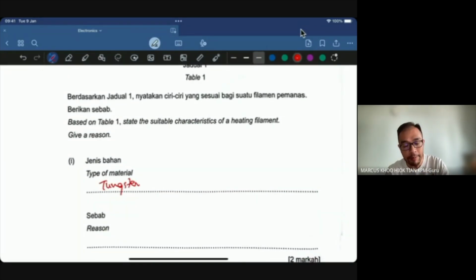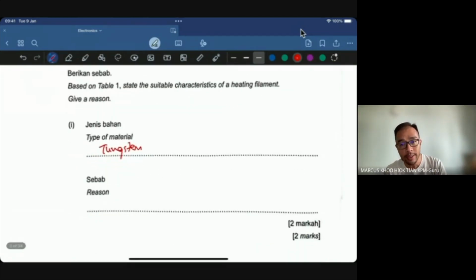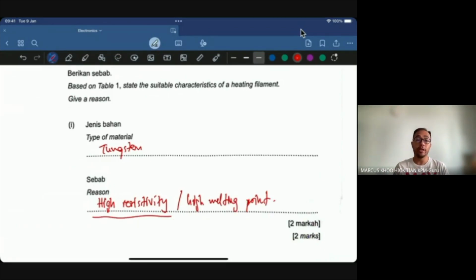Because thermionic emission happens because of the resistance. Resistance produces heat that gives the energy to the electrons in order to be able to escape. So we want tungsten because of its high resistivity. Another one you can also say is high melting point, but I prefer this answer, high resistivity.